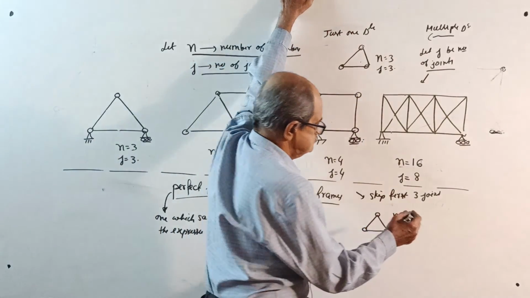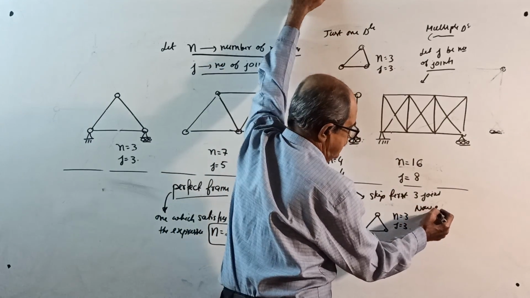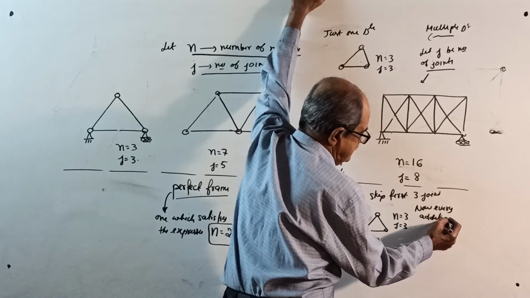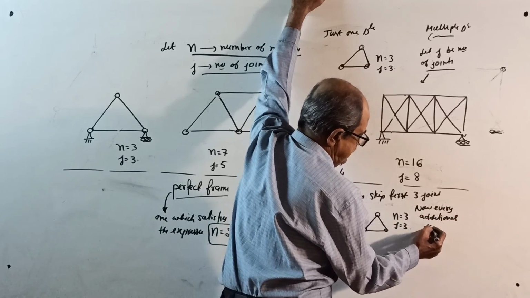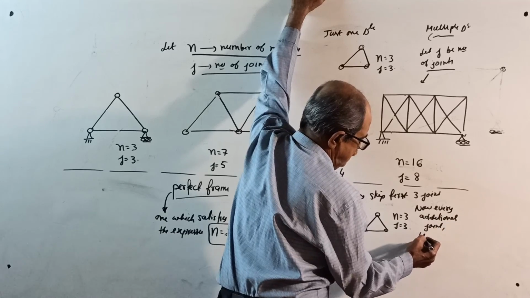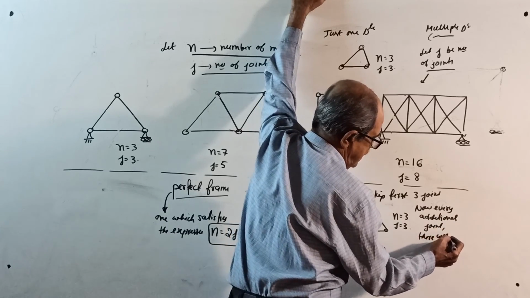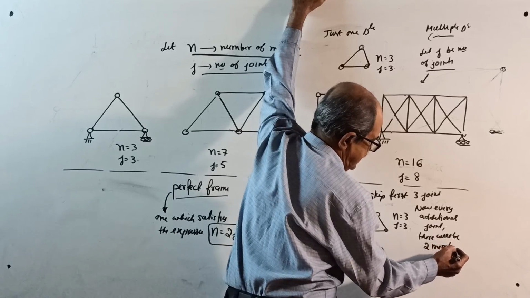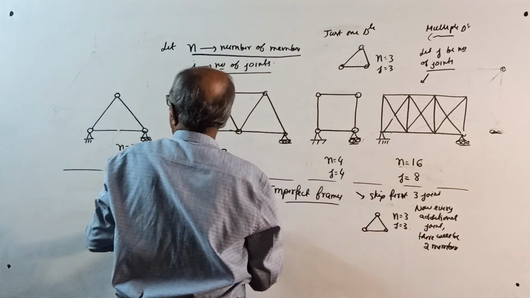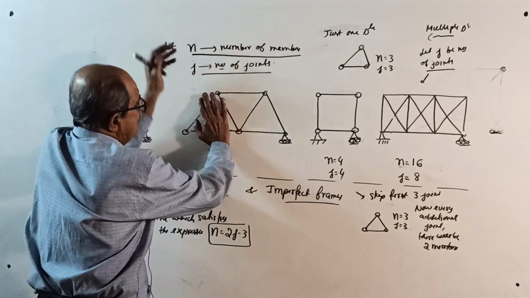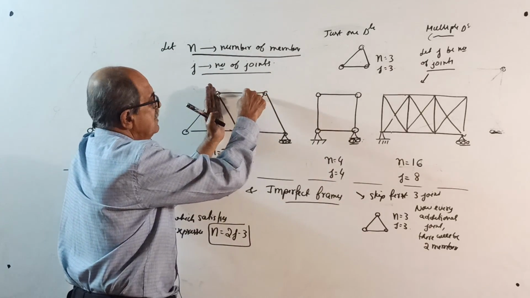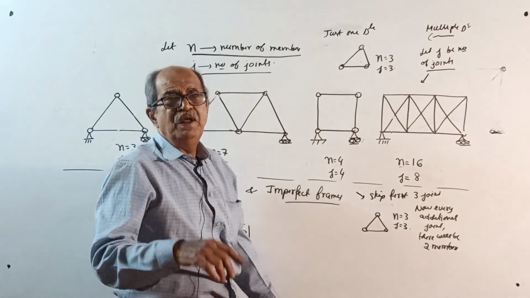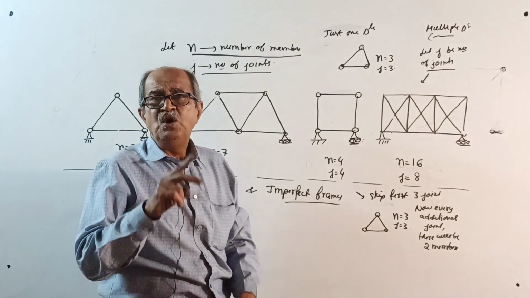Now every additional joint will have 2 members. Here 1, 2, 3. You put one more joint here, 2 more members. One more joint here, 2 more. Every additional joint will have 2 more members.